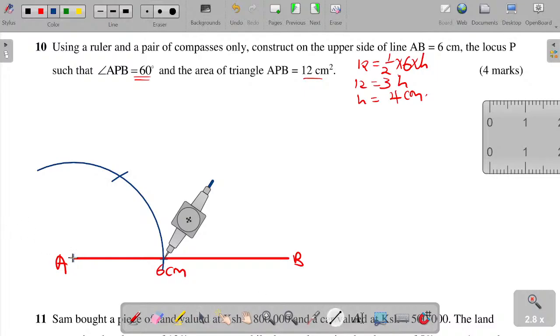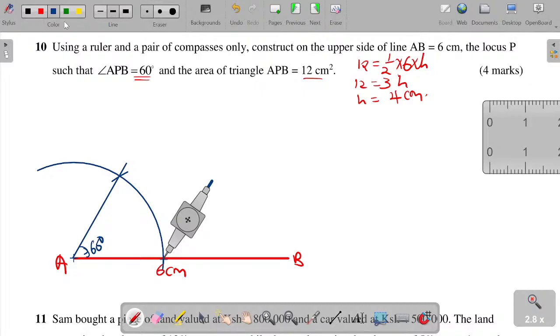So you can see what I've constructed here, learners. Let me construct 60 degrees here. That is 60 degrees constructed. This one here is 60 degrees. I now need to bisect my 60 degrees to get 30 degrees.